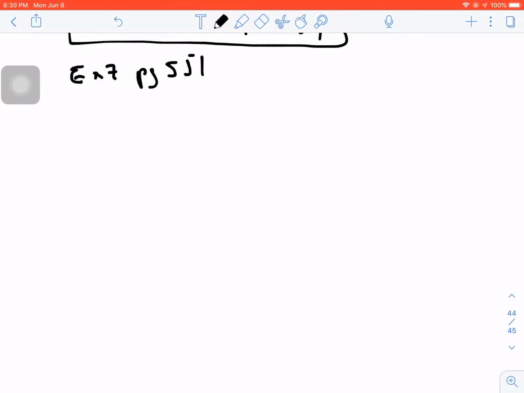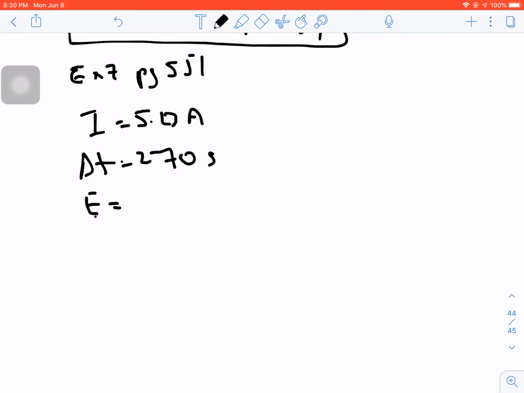Okay, so I know that there's 5 amps of current. There's my current. We're told the time that it's going to take to make the coffee is 270 seconds, and that the energy delivered, or that would be required, again, if you did mcΔT, you could figure out, and you know how much water there is, you could find out how much energy was required.